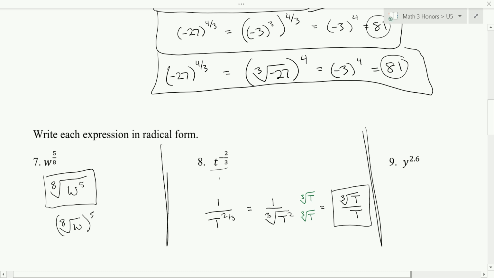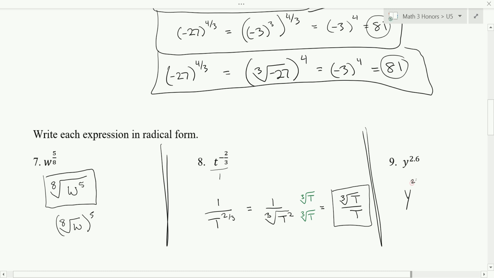If you have a decimal as an exponent, change it to a fraction. Okay, so 2.6 is the same as what fraction? Okay, and before you got 13 over 5, what would you have? 26 over 10, right?